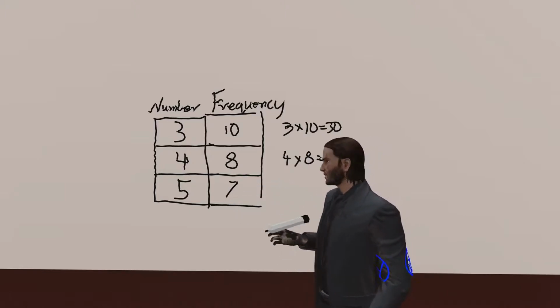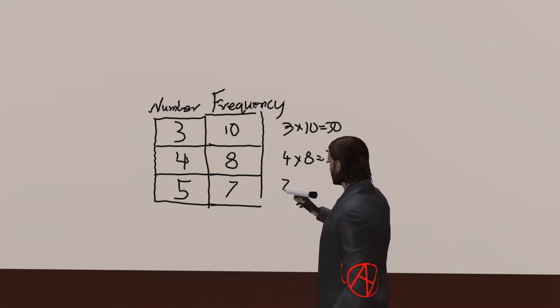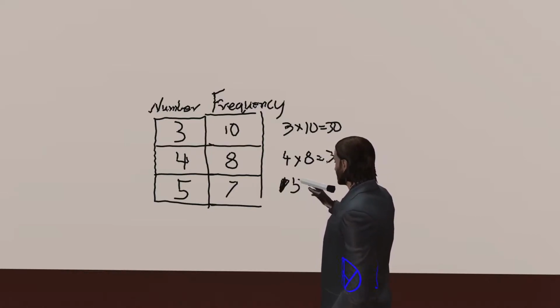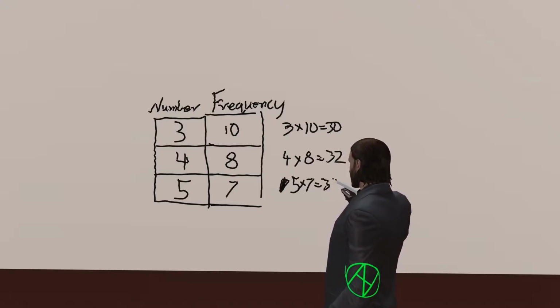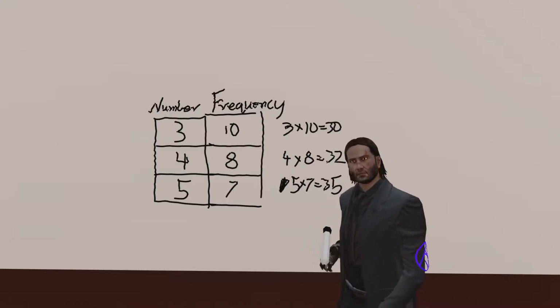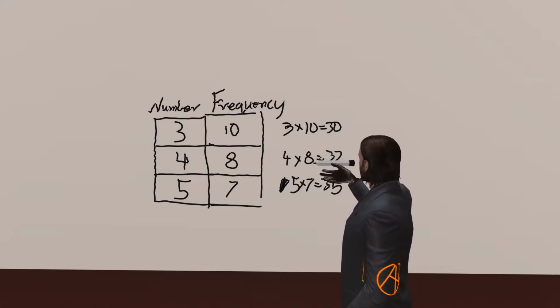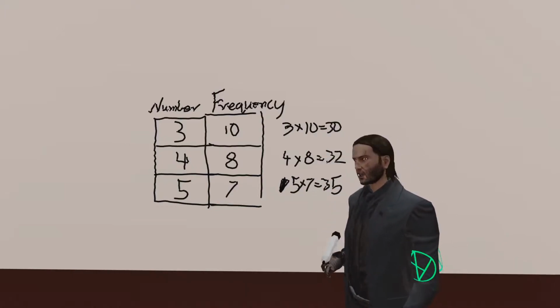And here we have 7 fives. Oops. Let's keep it in order. So 5 times 7, which is equal to 35. So we have 30, 32, and 35.